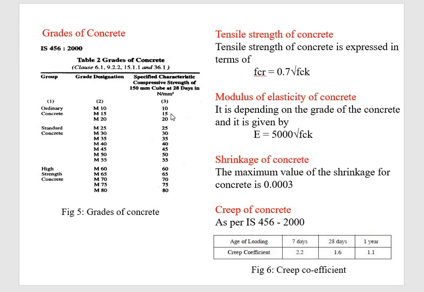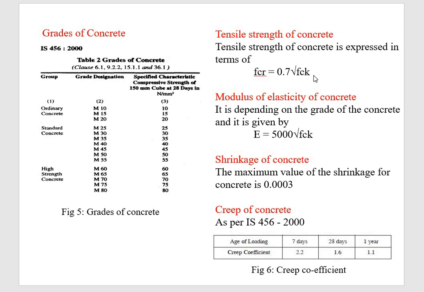So by knowing only the characteristic strength of the concrete, we can calculate tensile strength of the concrete, modulus of elasticity of concrete, and also shrinkage of concrete. Why I'm telling this is, how can we calculate by using these grades?